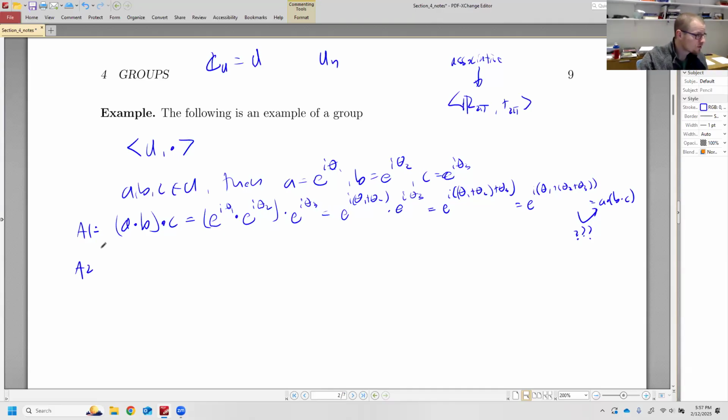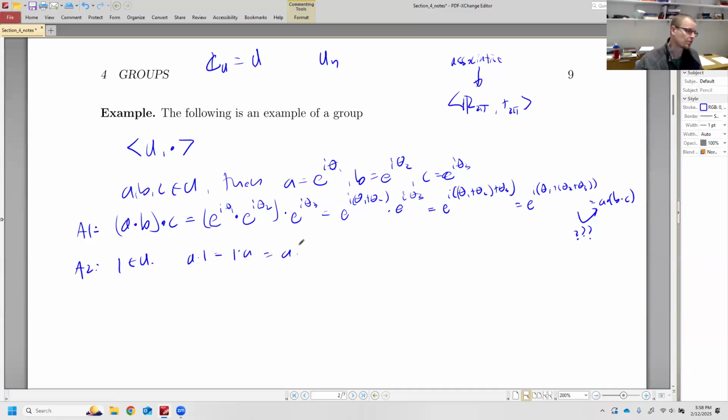So A2, checking for identity, we can notice that 1 belongs to U. Yep, definitely. 1 is a complex number of unit length. That's no problem at all. And A times 1 is equal to 1 times A, which is equal to A. We already know that.